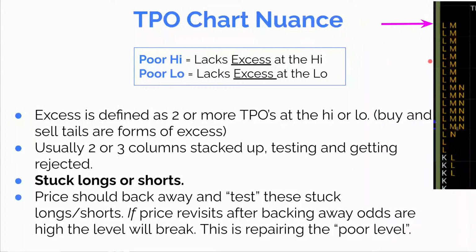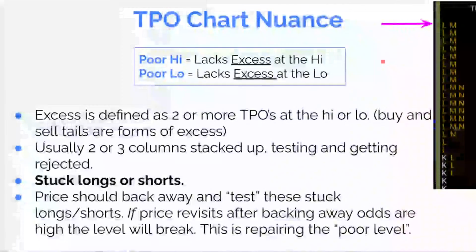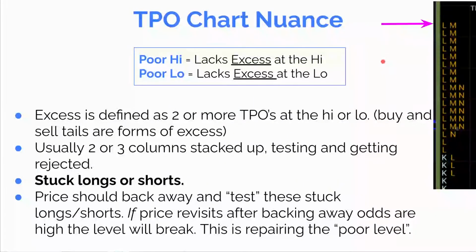Oh, yes, because risk. I want to talk about risk on this. Again, risk management is key. And the risk management here is just above. If the market starts to move higher, maybe a couple TPOs up, I'd stop myself out. Maybe 3 TPOs. I'll give it a little bit of room.